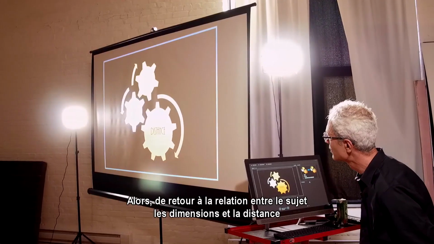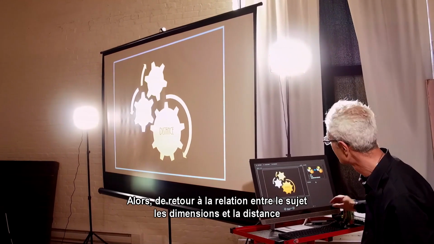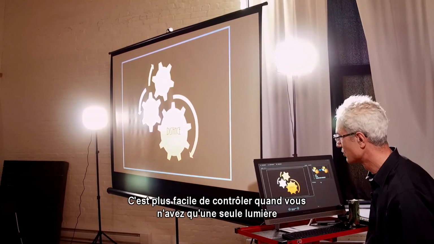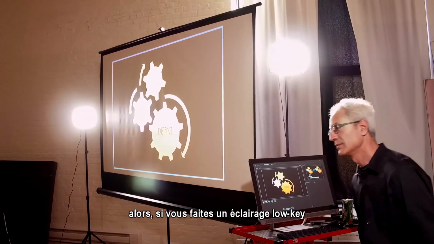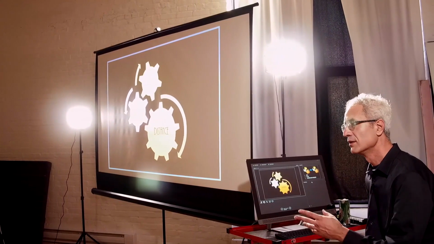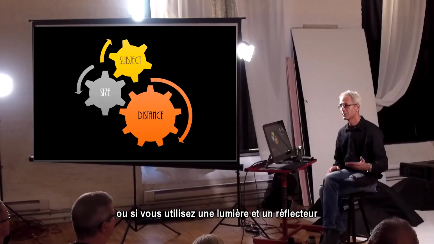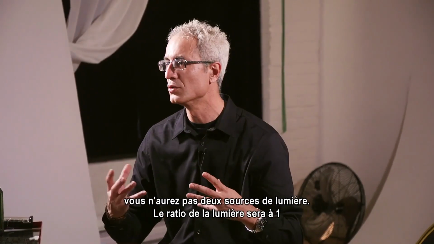So back to the relationship between the subject, the size, and the distance. It's easy to control if you have one light. So if you're doing low key, or if you're using one light and a reflector, the reflector will work the ratio for you. You're not gonna have two sources of light.